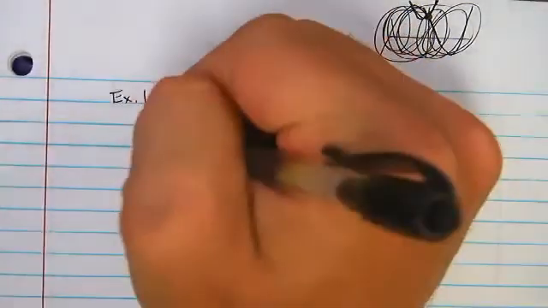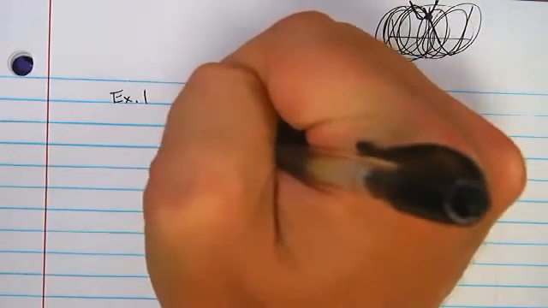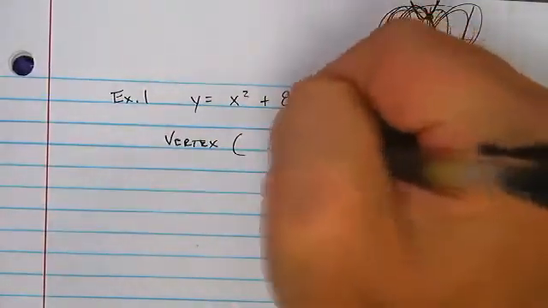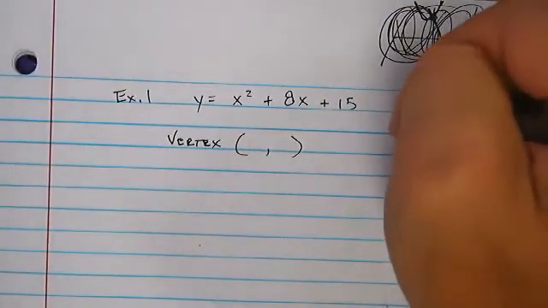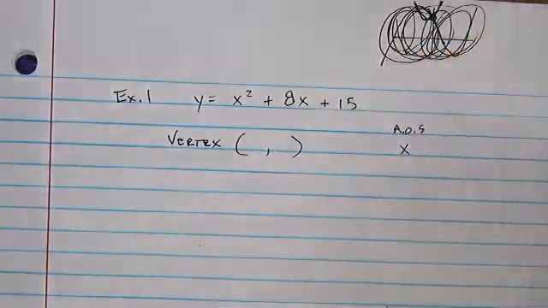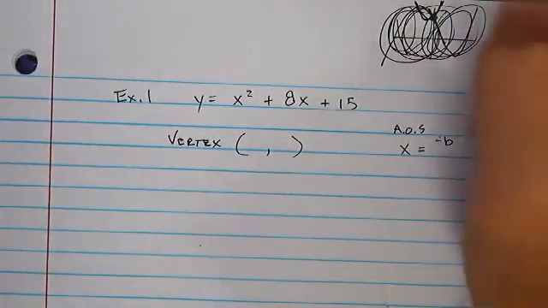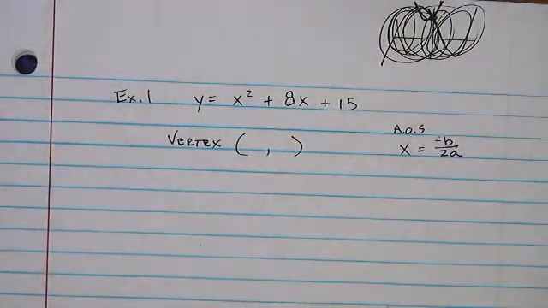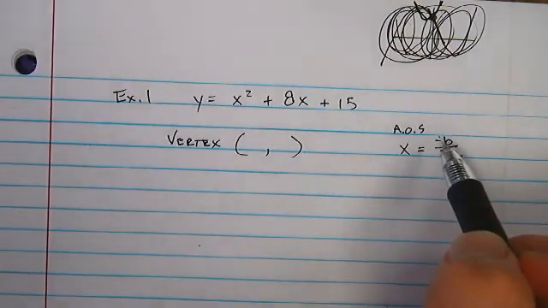Our vertex formula, it's really our axis of symmetry formula. I know the vertex is going to be at a certain point, so let's find the x value by using the axis of symmetry. I've got negative b over 2a. Negative b means opposite.